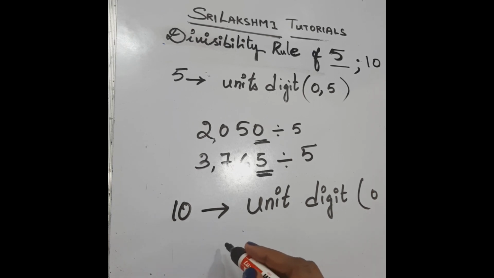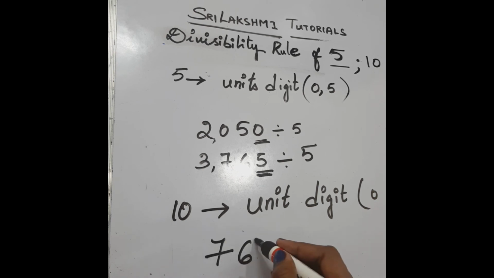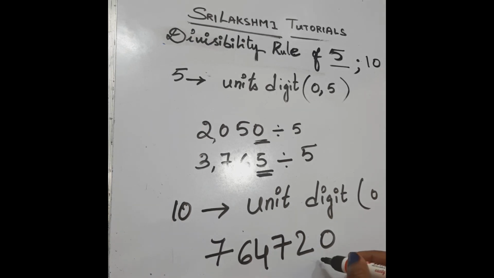Let us see with an example: 76470. Its last digit is 0. The units place is 0. So the given number 76470 is divisible by 10.